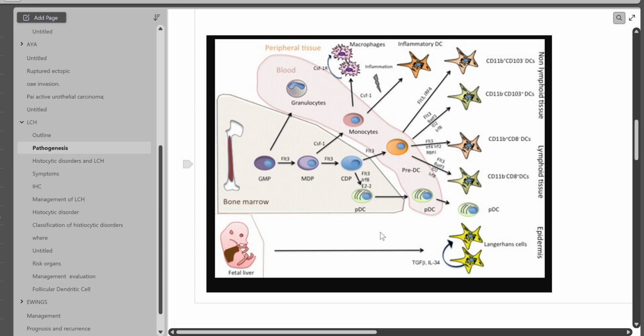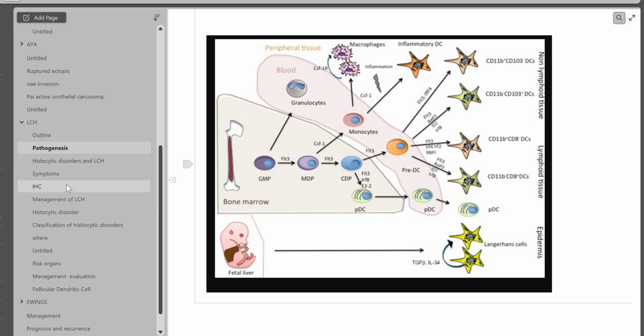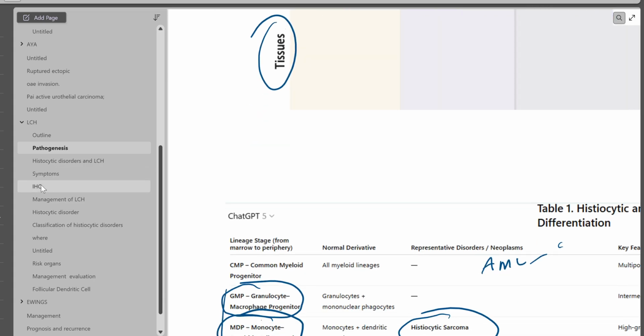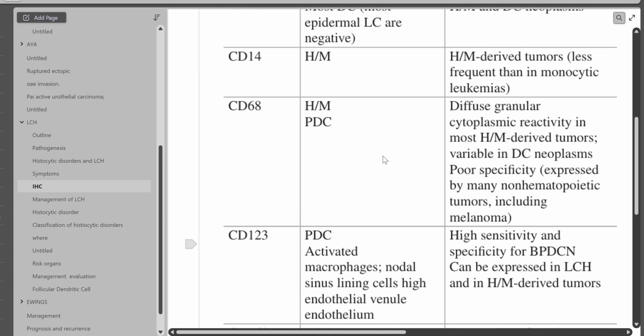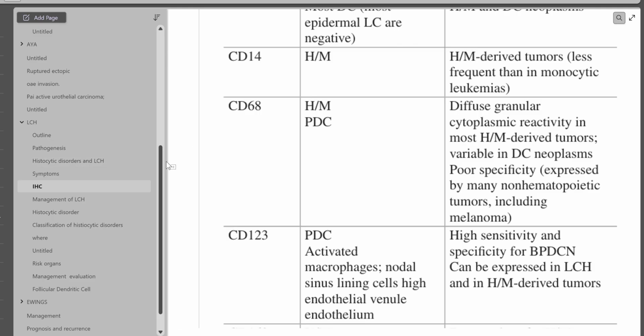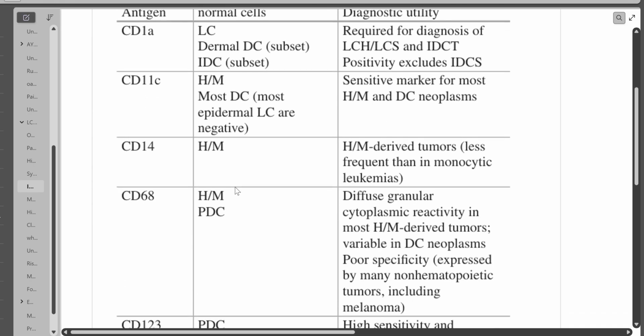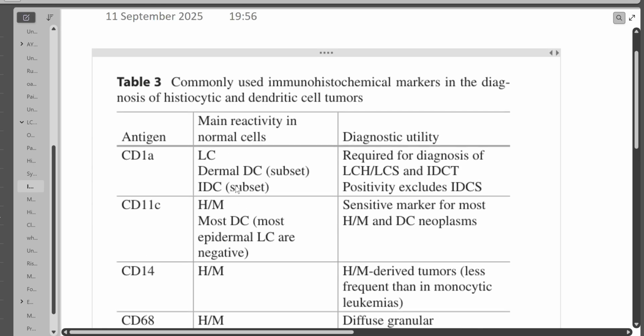Now, the same thing, to understand better, we should also know the IHC. The IHC over here, which is important to understand, is which antigen are we talking about? Okay.